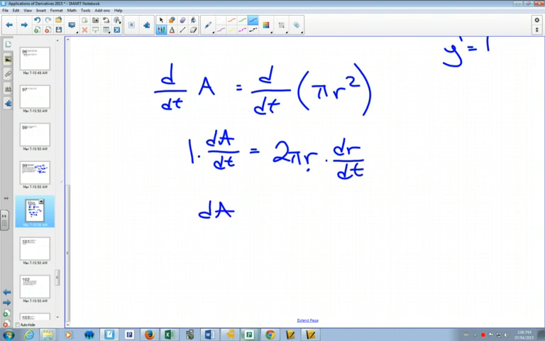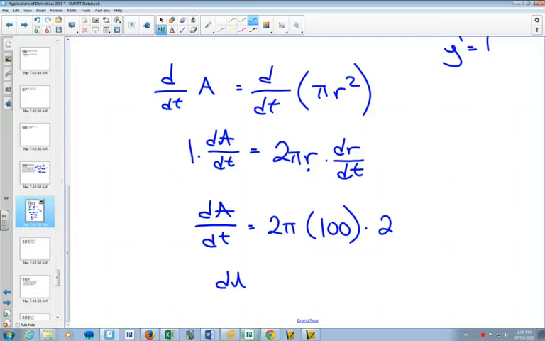So now we can plug in everything that we know. Since the unit we were using was meters and time was in minutes, this will be meters squared per minute.